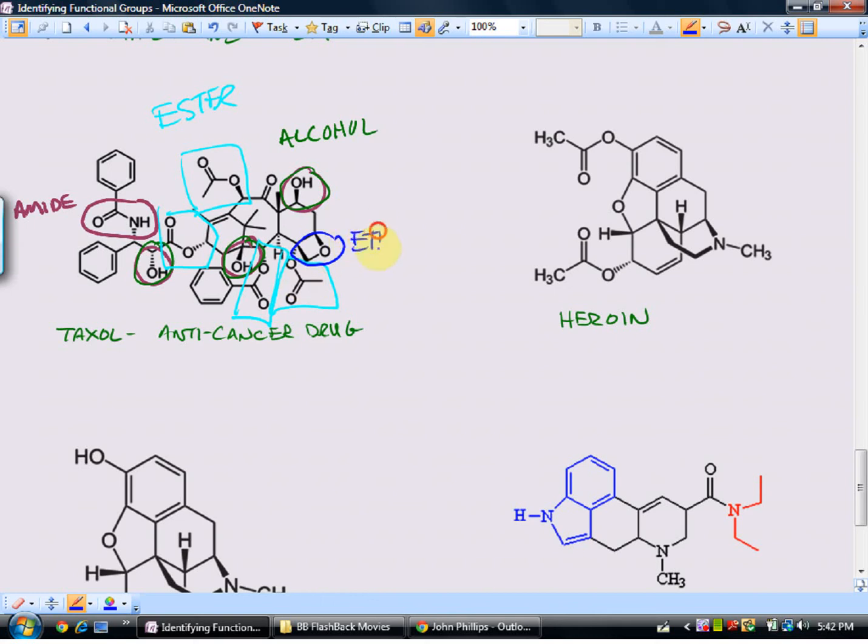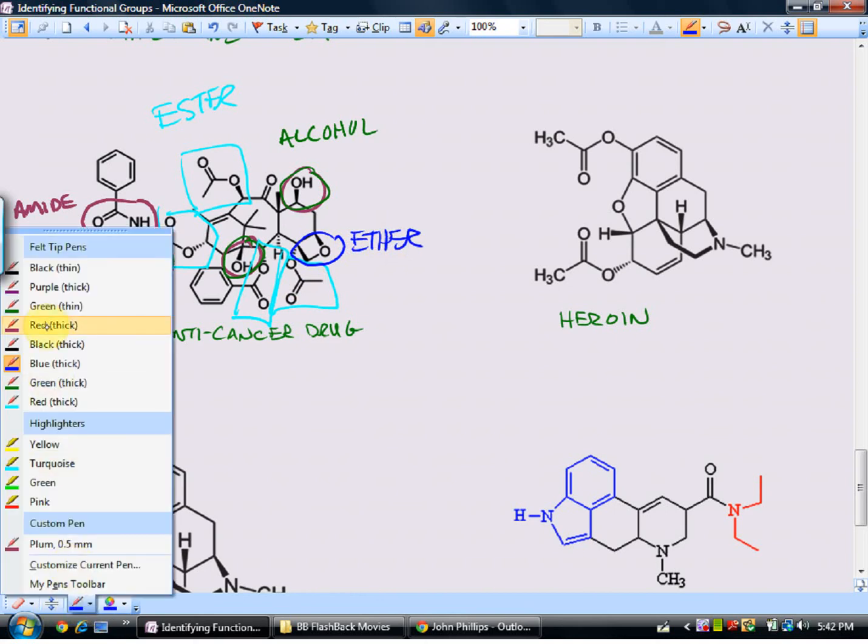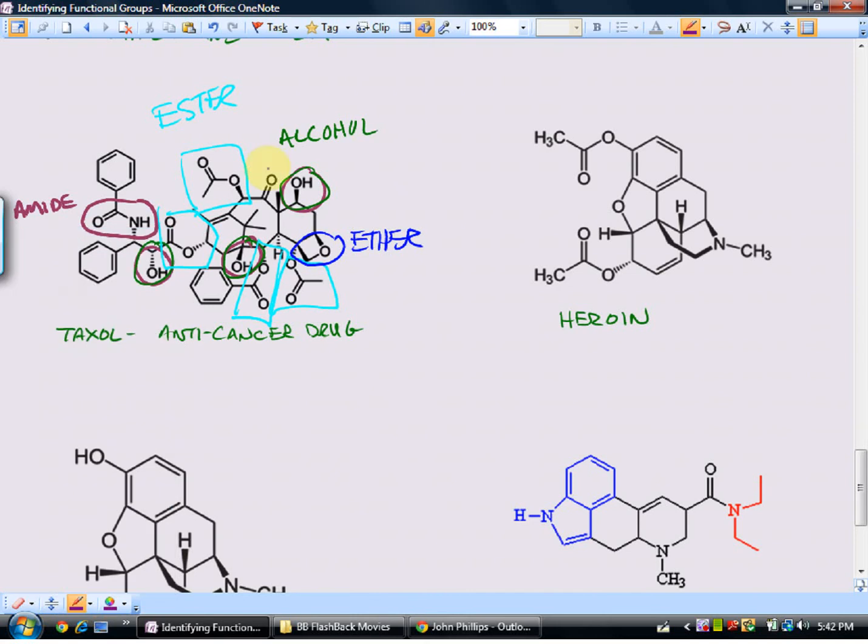That is ether. And then finally, I think there's one more functional group hiding in there. I've got this little dude right here. That is, did you say ketone? Yes, that's a ketone. Wow. Not to mention the fact that Taxol has 3 of these lovely aromatic C6H6 rings. Okay? Good. All right.